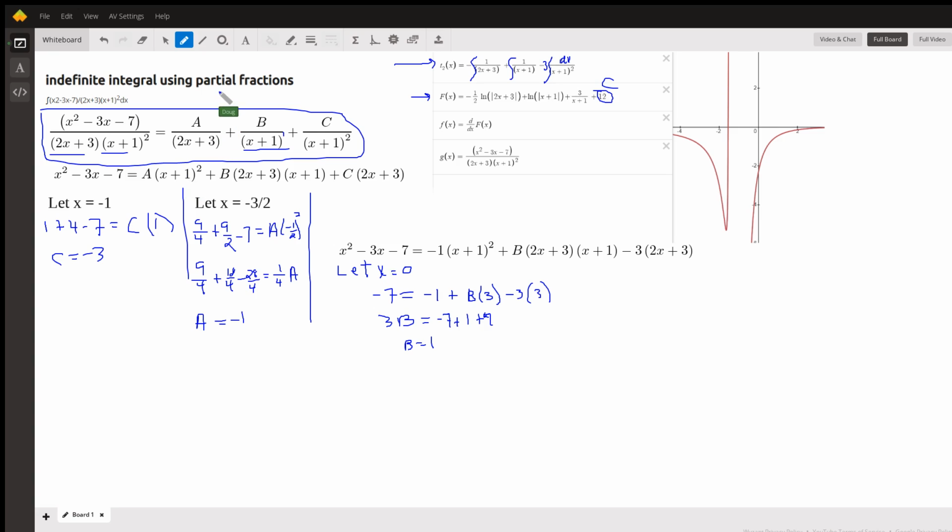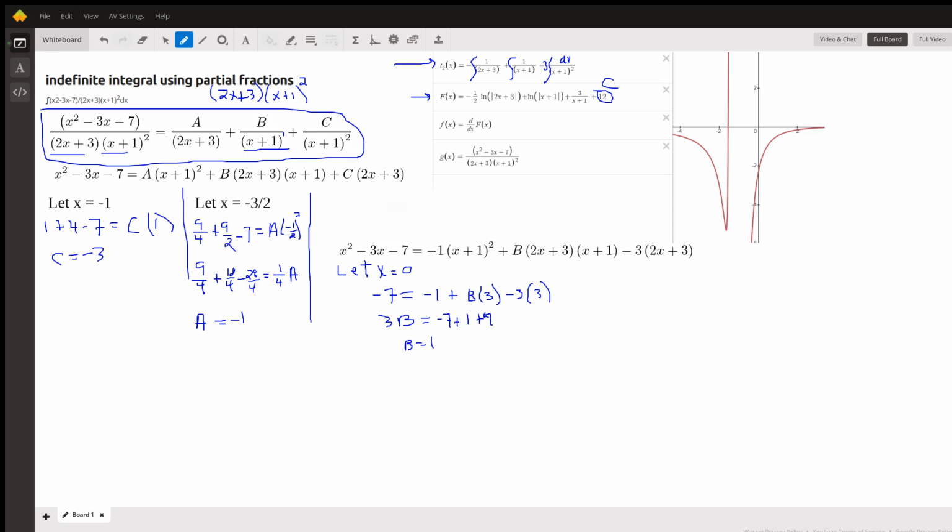And by the way, the LCD is (2x plus 3) times (x plus 1) the quantity squared, not cubed, because all of those denominators divide into that expression evenly. I'll get B times (2x plus 3) times one of the (x plus 1)'s cancel out, but I'll still have another (x plus 1), plus C times the quantity (2x plus 3).